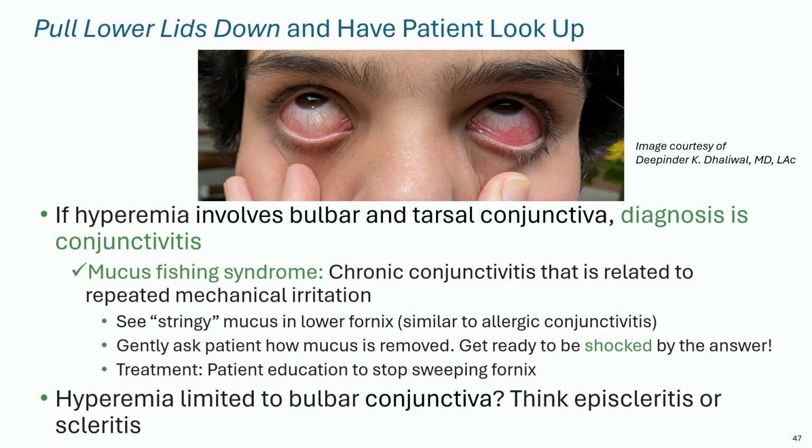Yeah, how do you get it out? Oh my goodness. When you hear how these patients, they sometimes take their long fingernail and they go into the lower fornix and up in the upper fornix, or they do these things and they're chronically mechanically irritating their eyes. And oftentimes you have to just ask, and then you have to gently have that patient education.